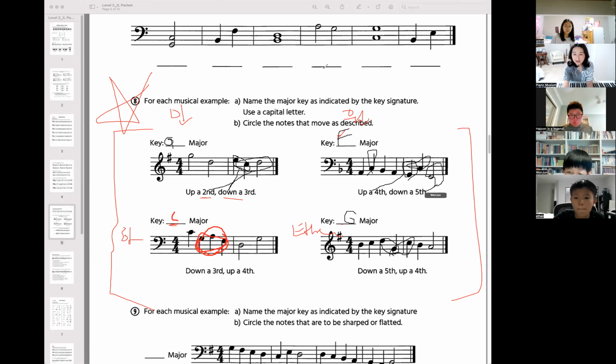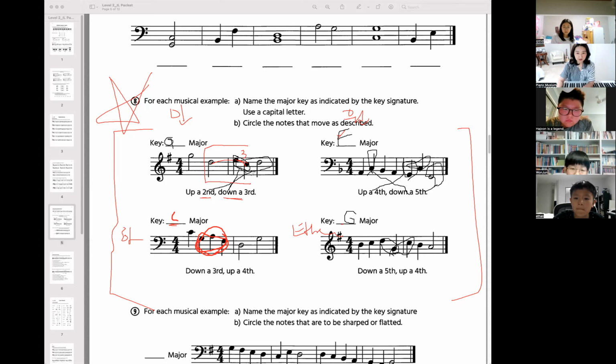Got it? Okay, now, actually, look at this, Minseon. Up a second. This is not up a second. This is a third. So up a second is here, and down a third.